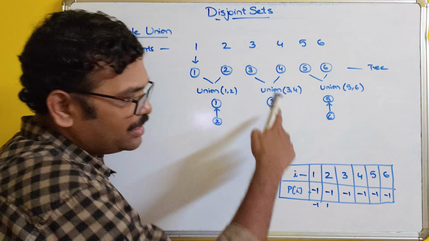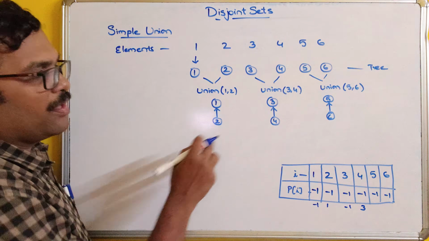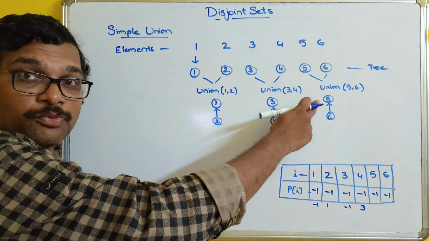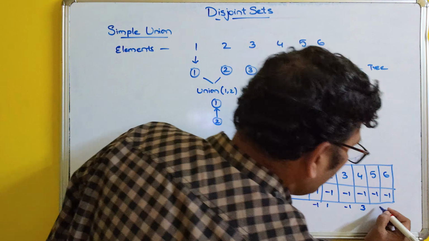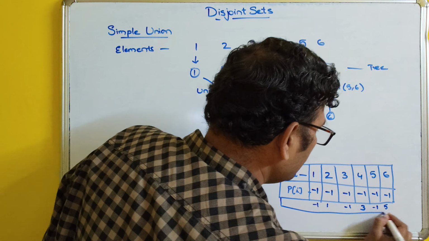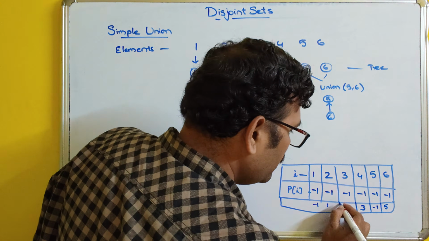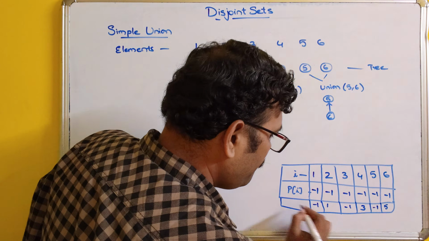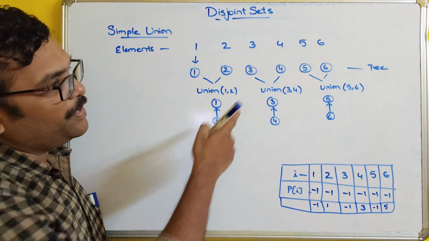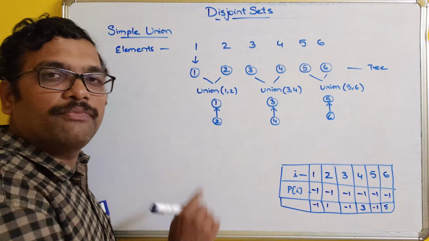Parent of 4 is 3. Parent of 5 is -1 because this is a root. Parent of 6 is 5. After combining these, we got the values in this manner, after completion of the union operations between 1 and 2, 3 and 4, 5 and 6.